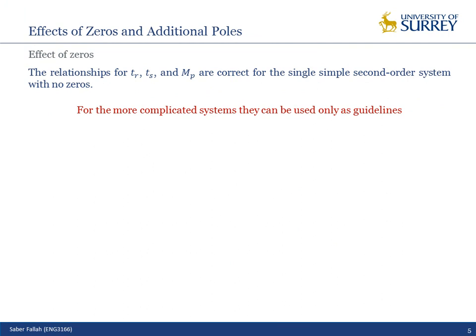For a more complicated system, we can use them as a guideline or as a benchmark for designing the complex system. In other words, we can estimate a complicated system by a second order system. But we need to know how this simplification affects the overall performance of the system. Okay? Is it good to estimate a complicated system with the second order system or not, or how accurate is it? Let's have a look.